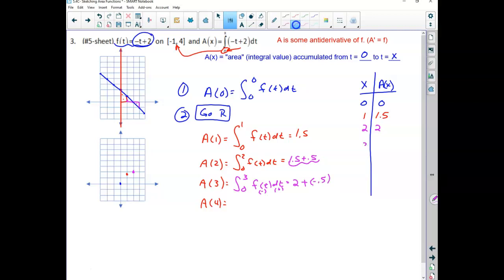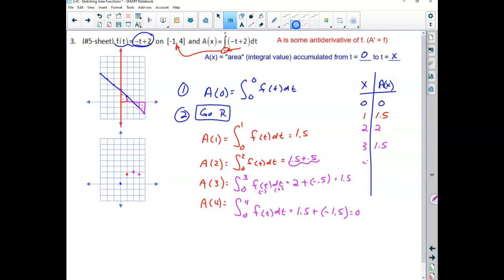So at 3, I'm back down to 1.5. And then, how about 0 to 4 of f of t dt? Well, now I'm going to take that 1.5 that I was at, plus I have to accumulate another negative 1.5 to get me to 0.